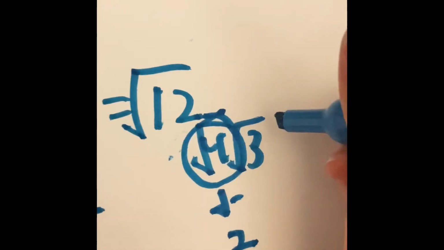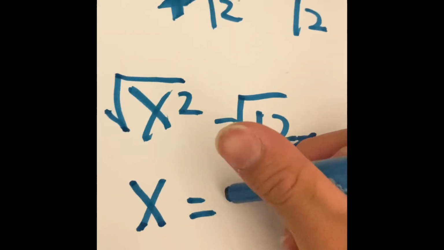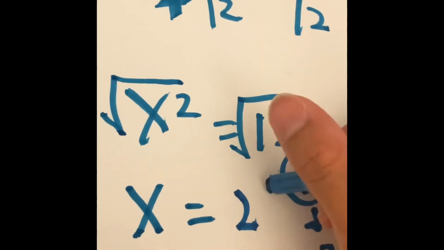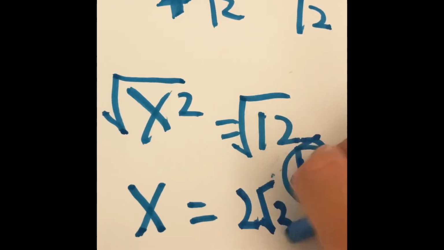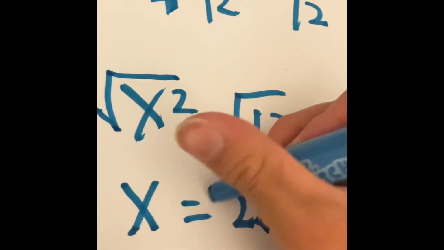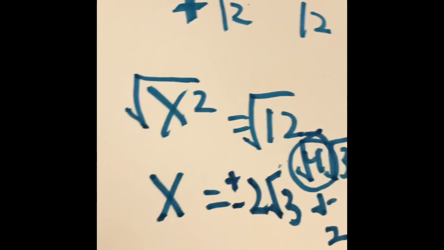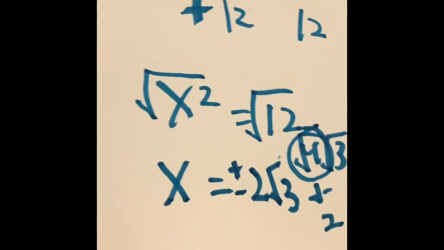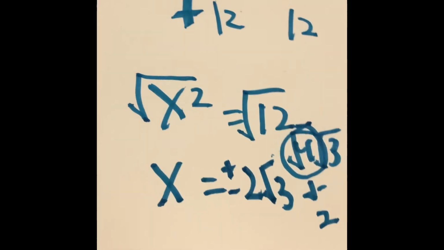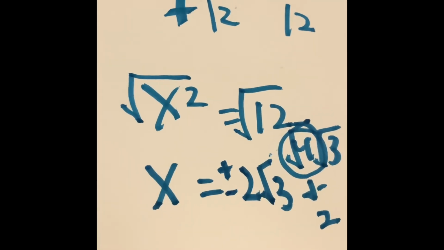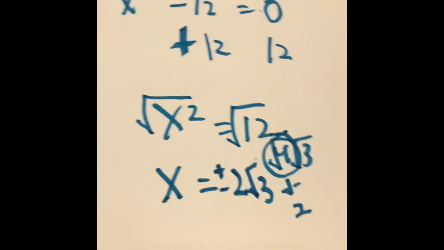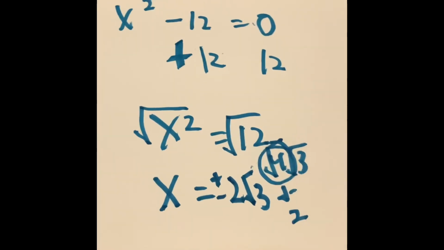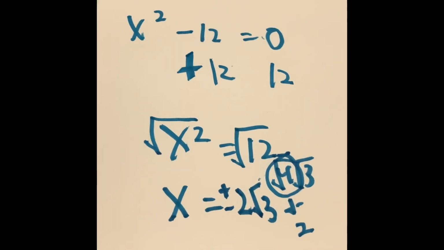And since we didn't use the square root of 3, our final answer is 2 times the square root of 3. But we have to use a plus and minus sign, indicating that it could be positive 2 times square root of 3 or negative 2 times square root of 3. And that is a faster way of trying to find out what x is.